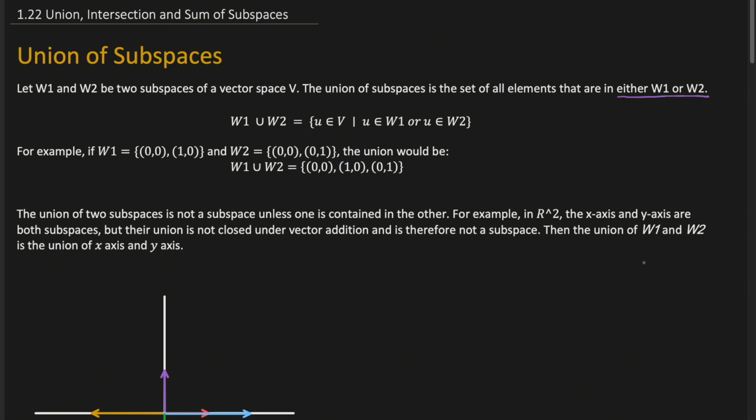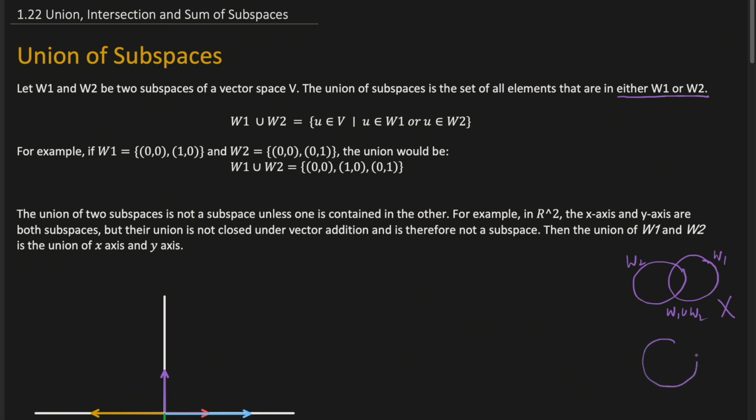For example, suppose we have this subspace W1, and another subspace W2. We can see that neither W1 is inside W2 nor W2 inside W1. So in this case, W1 union W2 is not a subspace.